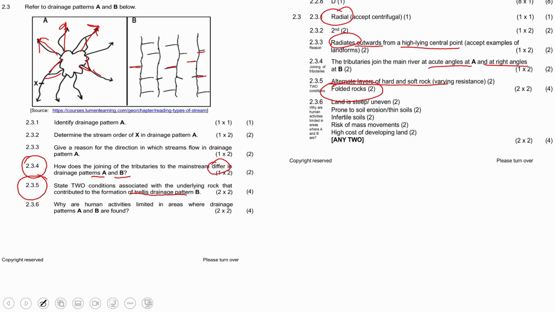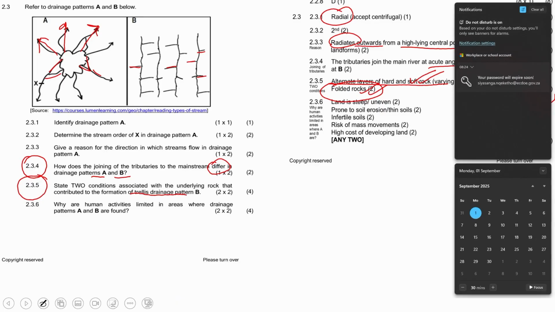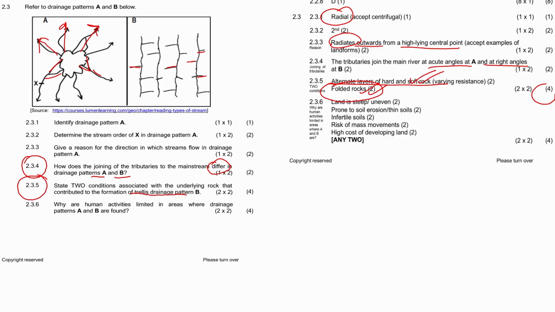Your open fold, your closed fold, your overfold, and your overthrust fold. So those are folded rocks. Remember the mark allocation. We'll give you 2 marks here and 2 marks here. That totals 4 marks, okay? Now, we move to the last question, which is an application question, okay?